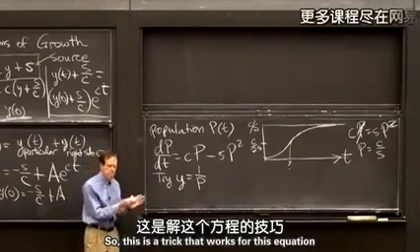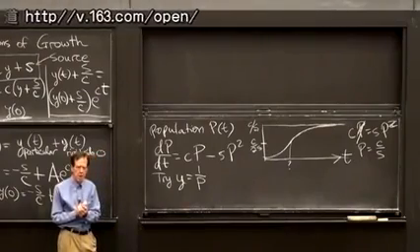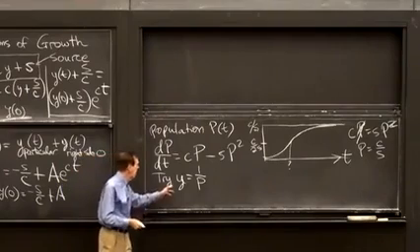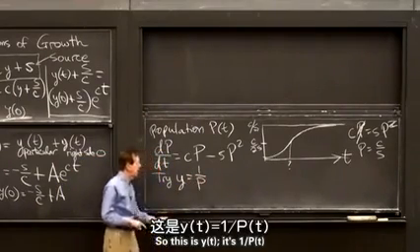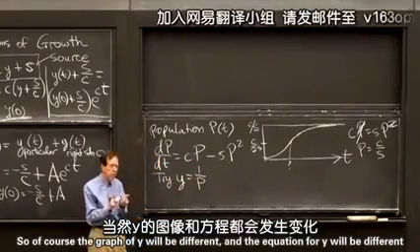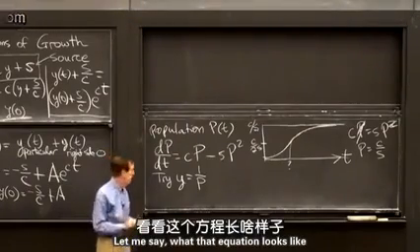So this is a trick that works for this equation. For nonlinear equations, it's okay to have a few tricks. All right, so y of t is 1 over p of t. So, of course, the graph of y will be different, and the equation for y will be different. Let me say what that equation looks like.